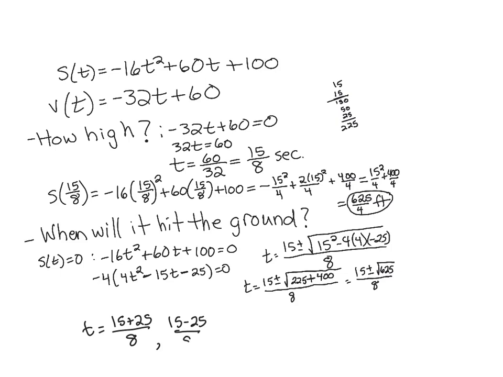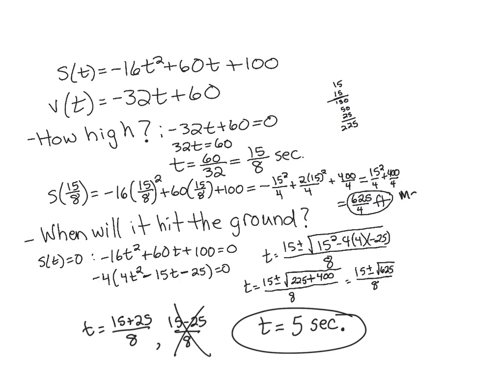Do you see what I mean by one of them will make sense? I can't have negative time, although it feels like it all the time. 15 plus 25 is 40 over 8. Wow, pretty problem. They don't always work out this nicely, guys, just showing you. This is how long it takes to hit the ground, and this is its maximum height.